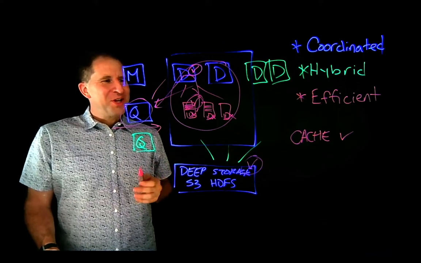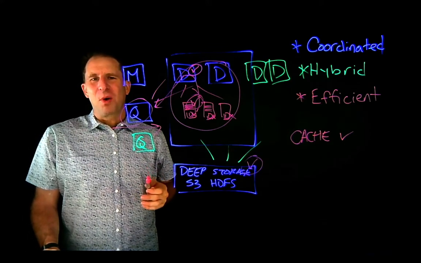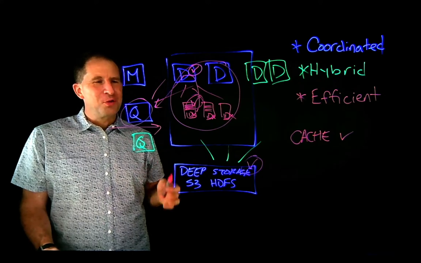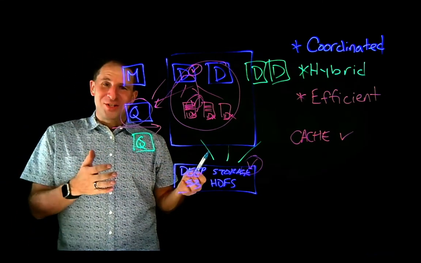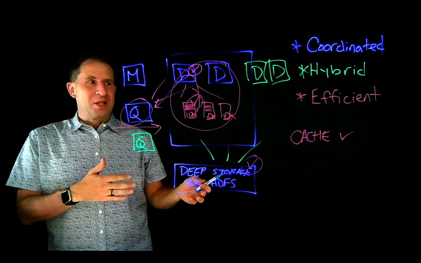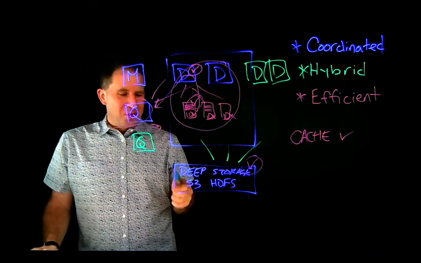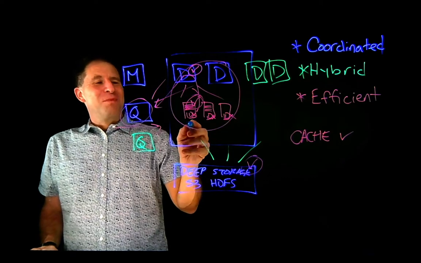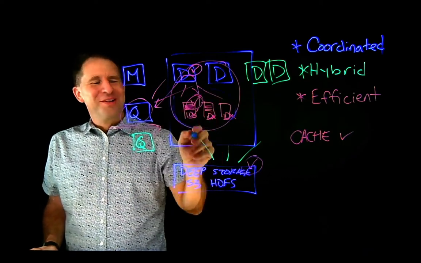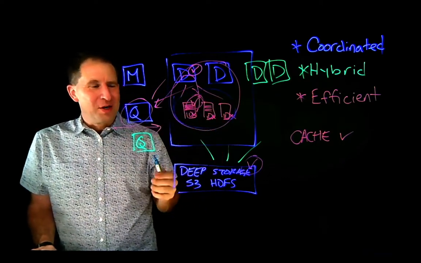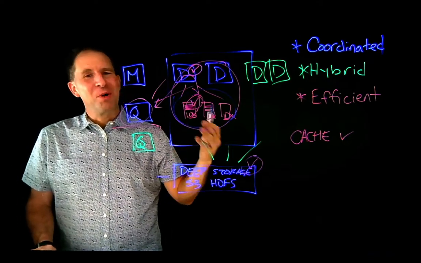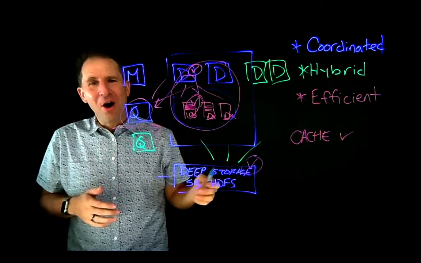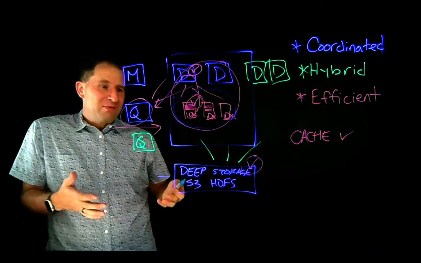So this is how you get sub-second response at any scale. You need all three of these things. You need coordinated processing that is independently scalable. You need an architecture that can provide the performance of local response when you're running a query, but has separate storage and compute so that you get the flexibility to do things like scale out without having any downtime or even the need to do anything.